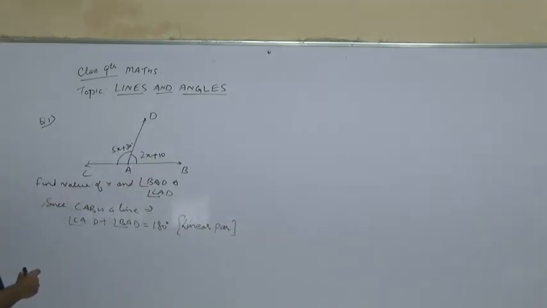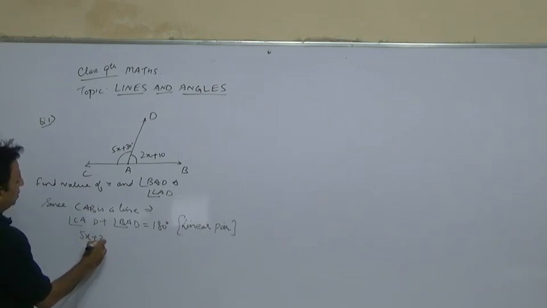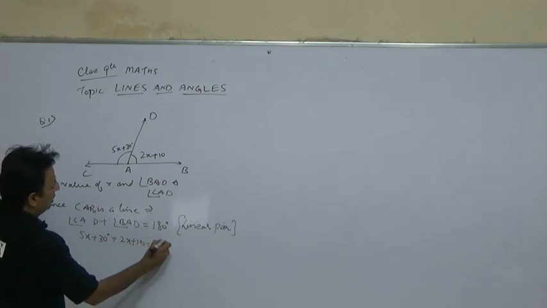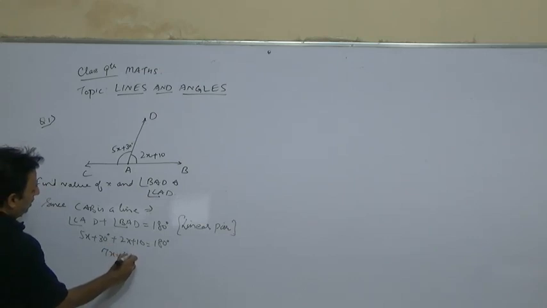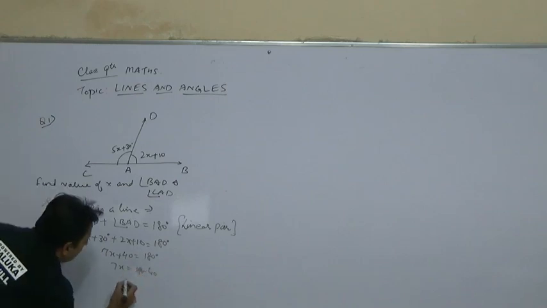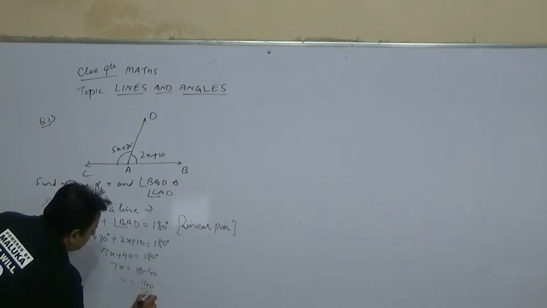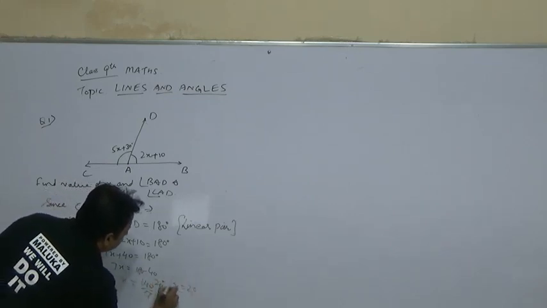Now CAD is 5x plus 30 and BAD is 2x plus 10, equal to 180 degree. Now this is 7x plus 40 is equal to 180 degree. 7x is equal to 180 minus 40, so x is equal to 140 upon 7, this will be 20. So value of x is 20 degree.